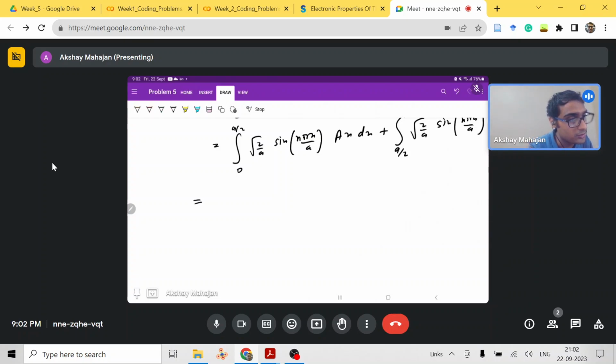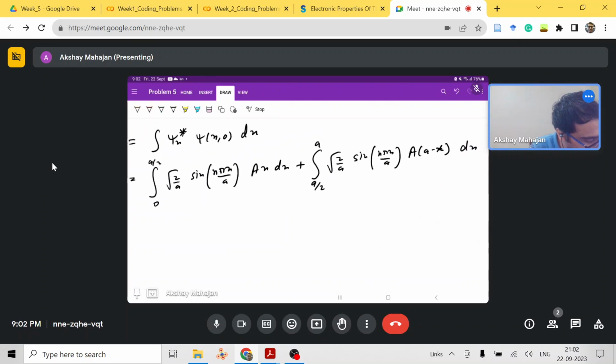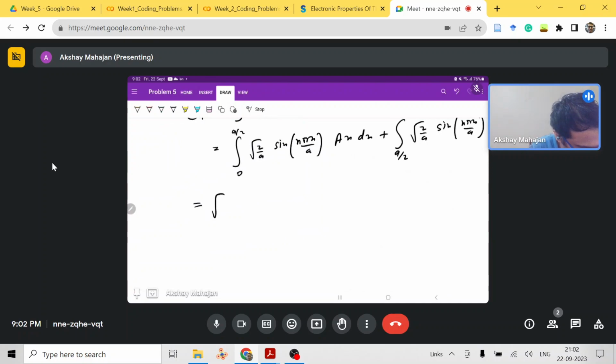Okay, so we have to solve these two integrals. Now I will take root 2 by a common to both of them, and capital A I will take common to both of them.